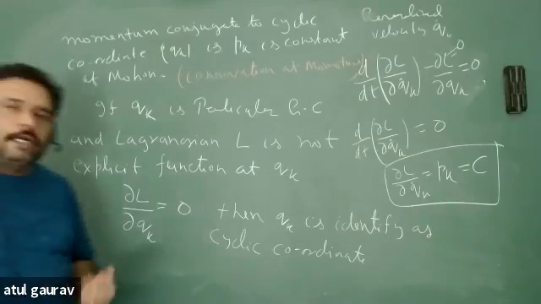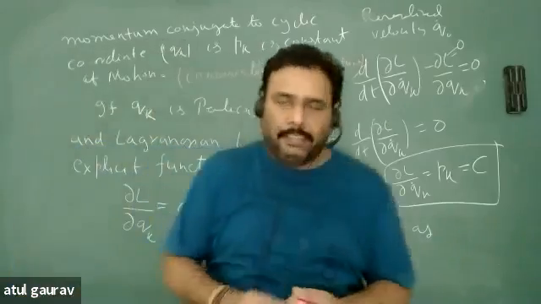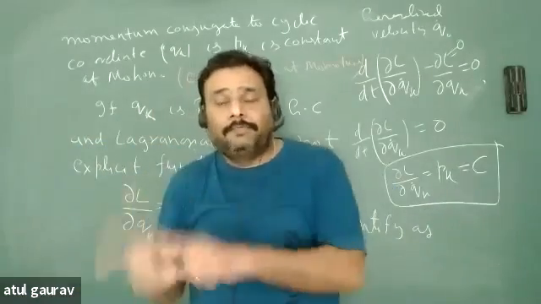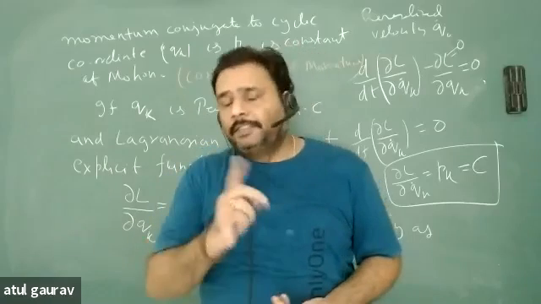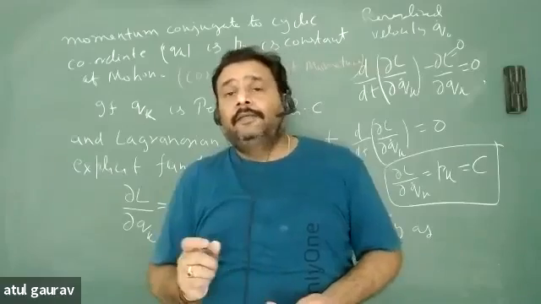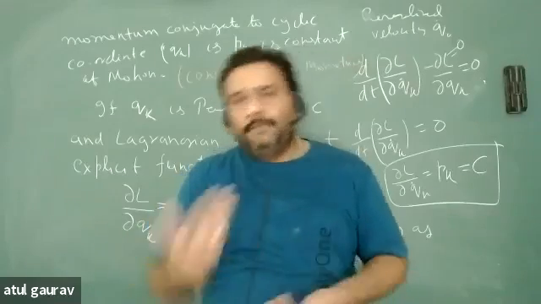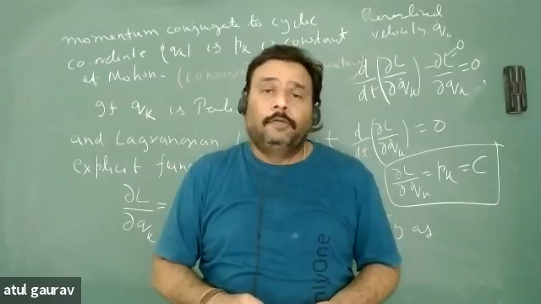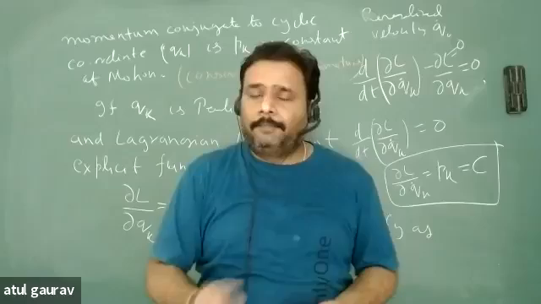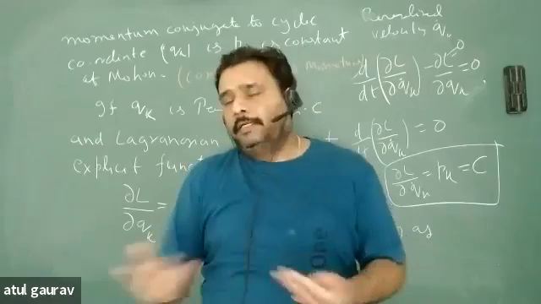So the first thing we have seen is that the number of generalized coordinates must be equal to the number of degrees of freedom. Second, the Lagrangian may or may not be a function of time. And third, you have to know what the generalized momentum is.